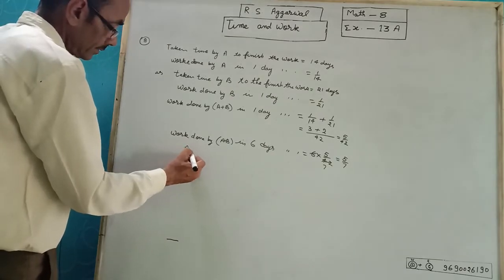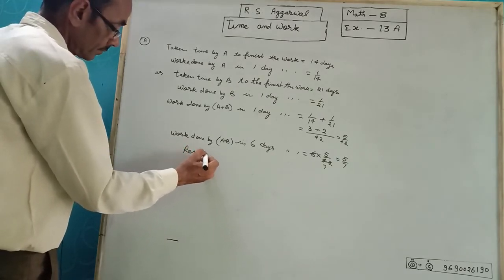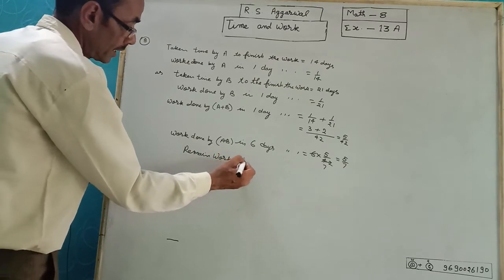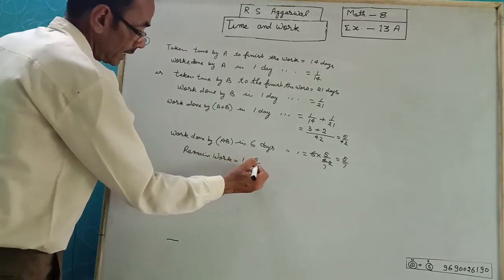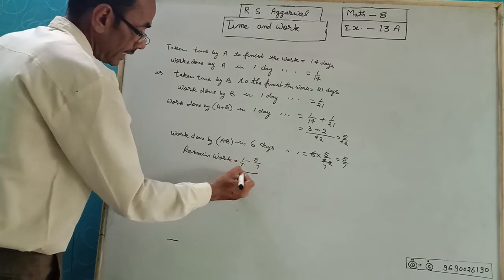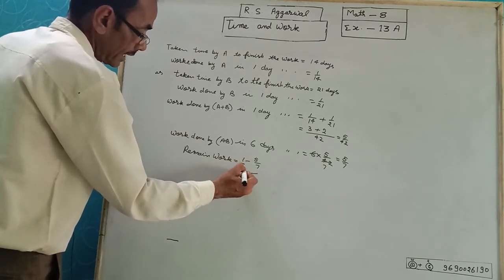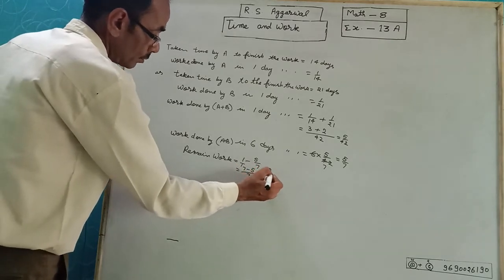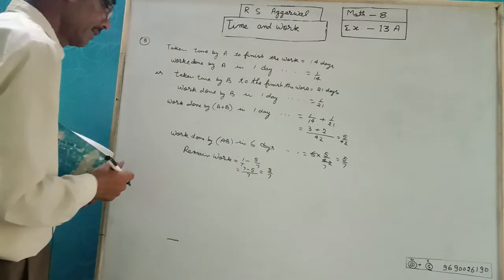Remaining work is 1 minus 5/7. Write it as over 1 and take the LCM. After simplifying, 2/7 work remains.